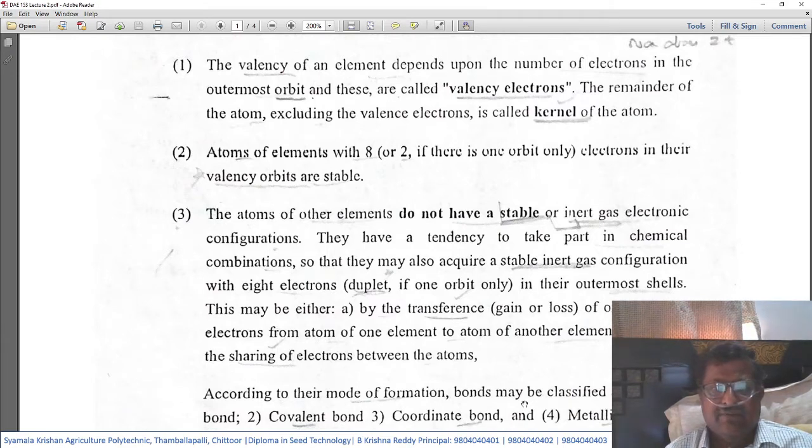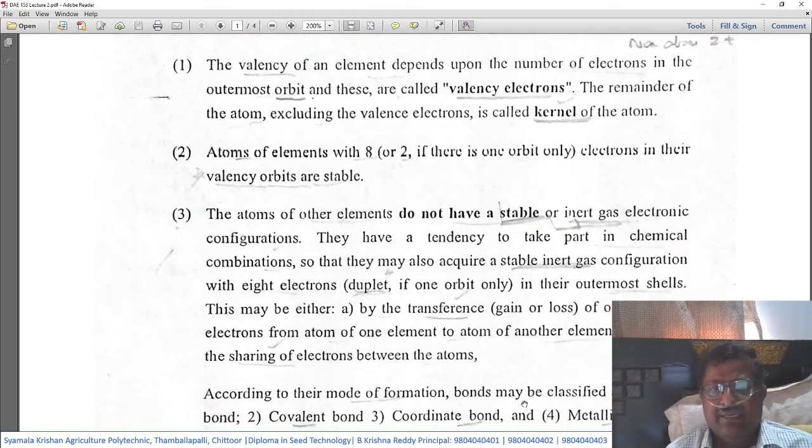The purpose why these unstable elements will react is ultimately to become stable. How do these reactions take place, and how do these unstable atoms of elements get stabilized?